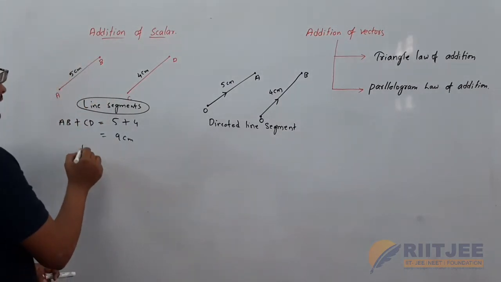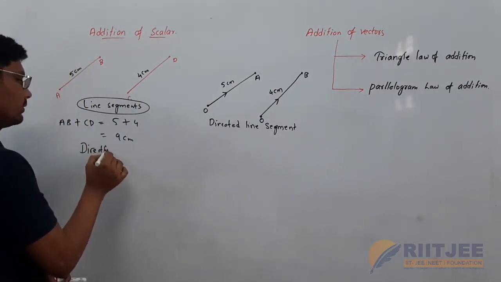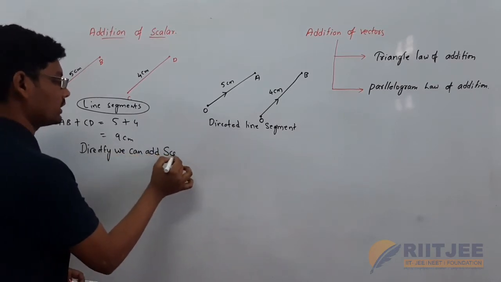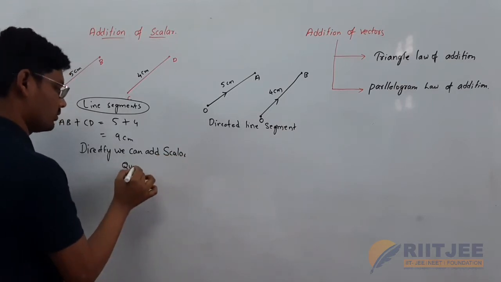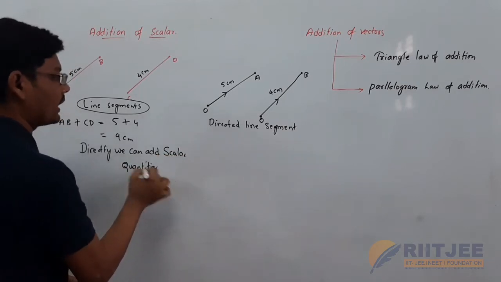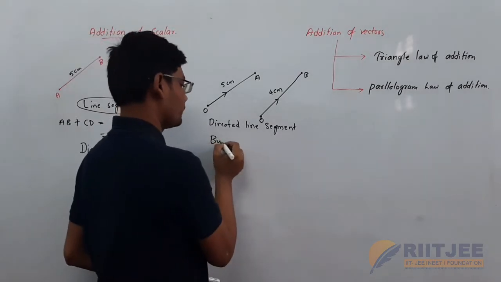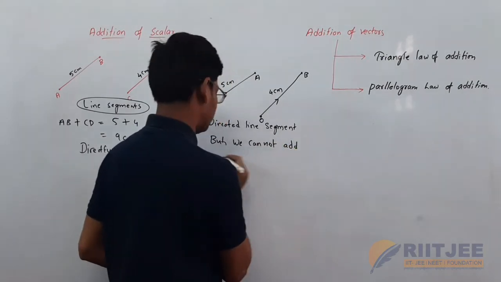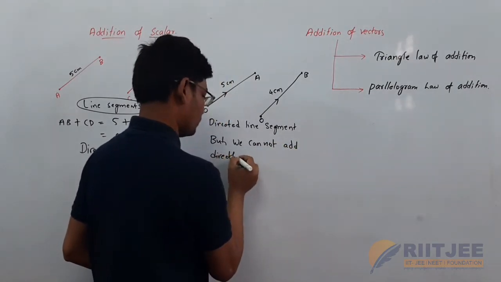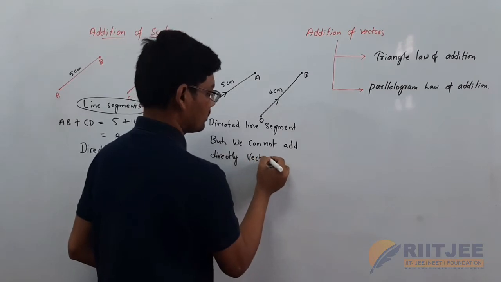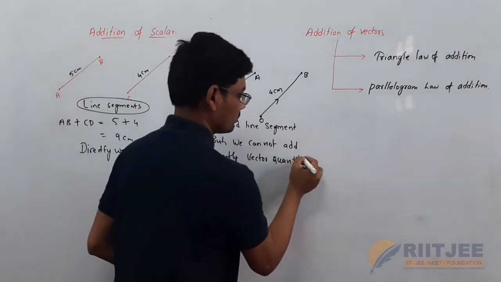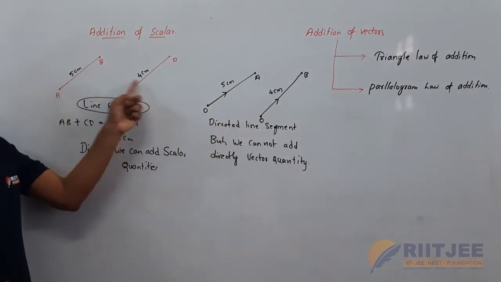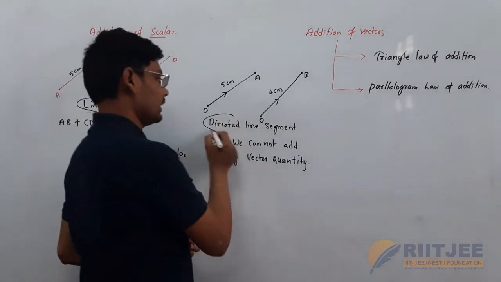Here we can add scalar quantities directly, but we cannot add vector quantities directly. These are directed line segments.